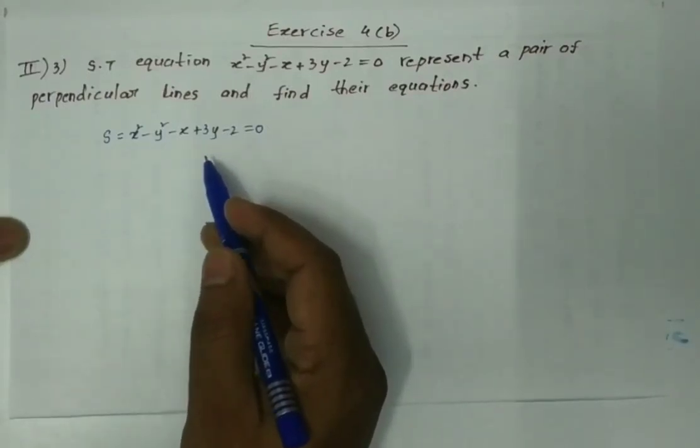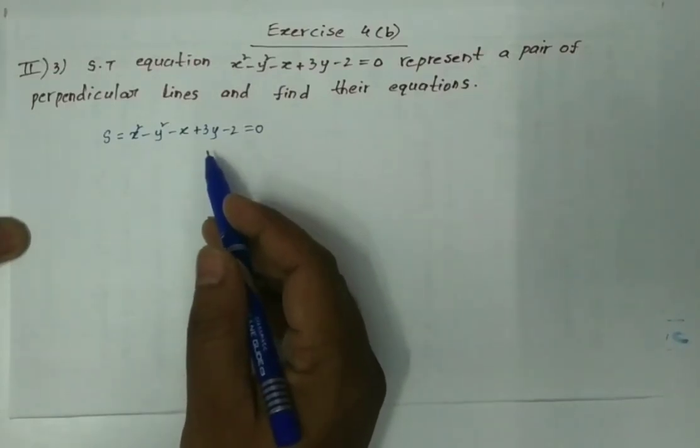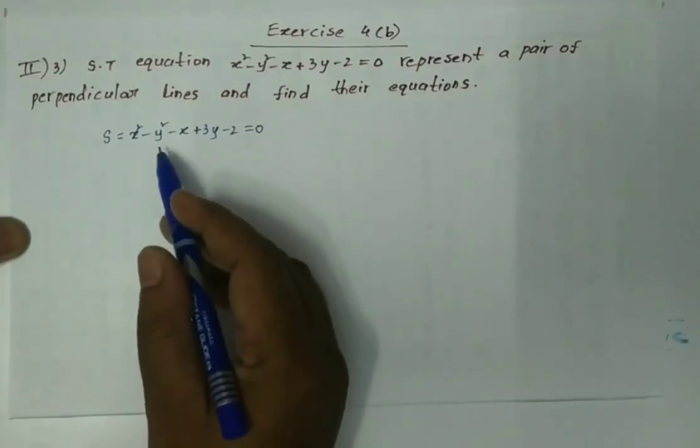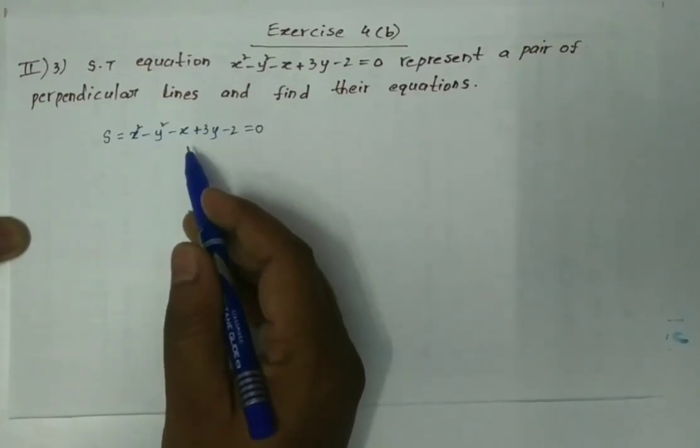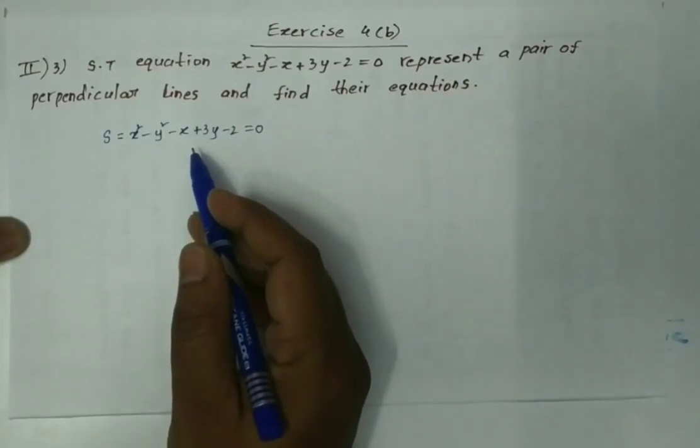First let us compare the given equation with ax square plus 2hxy plus by square plus 2gx plus 2fy plus c is equal to 0.